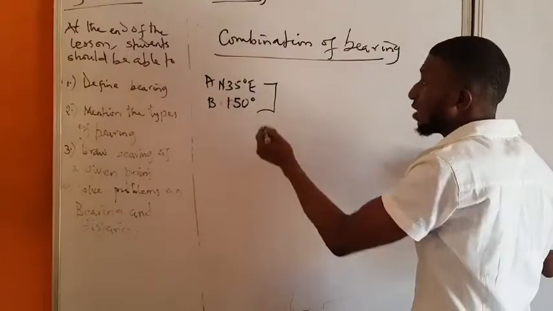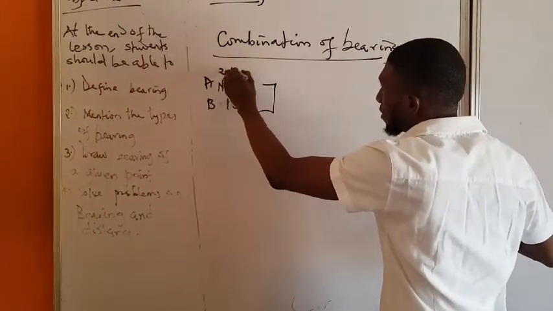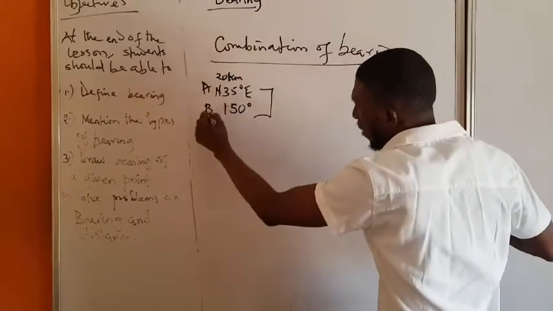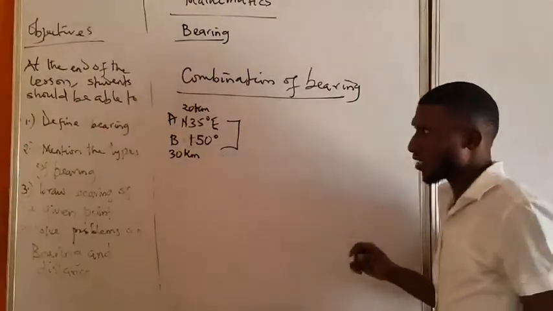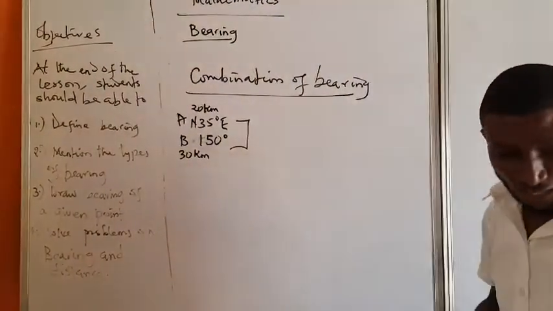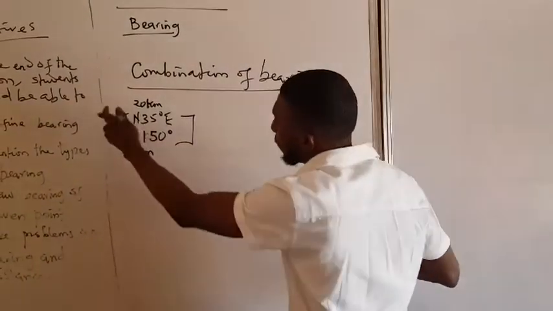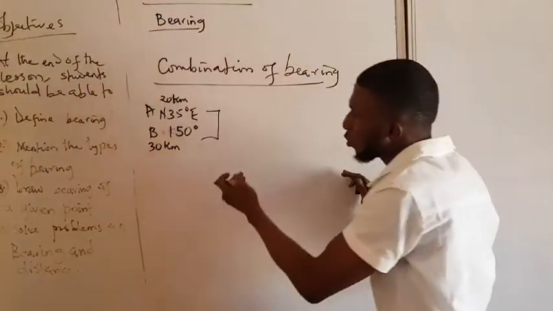Maybe from the question, let's say a man walks 20 kilometers towards this direction, and then walks maybe 30 kilometers towards this second direction. Then they ask, what is the distance covered by the man? Or let's say, what is the distance from this point A to the final destination of the man? This is what this one is talking about.